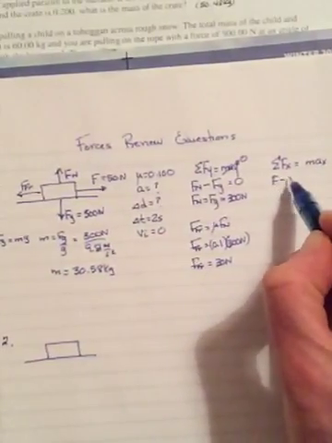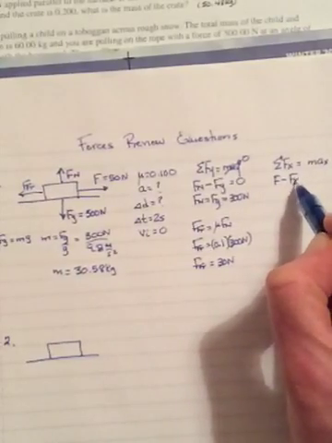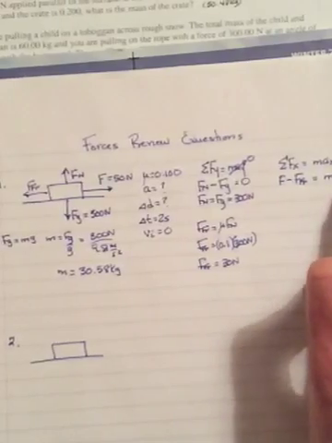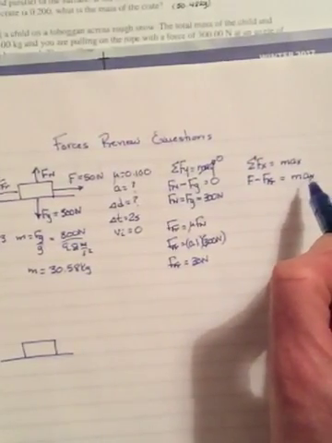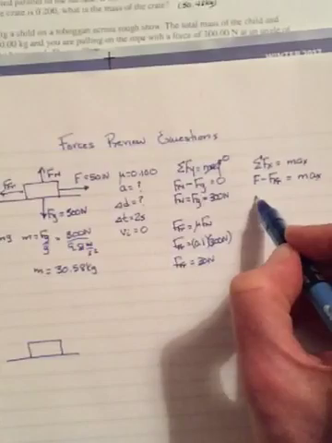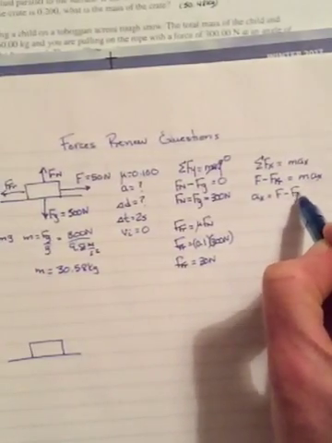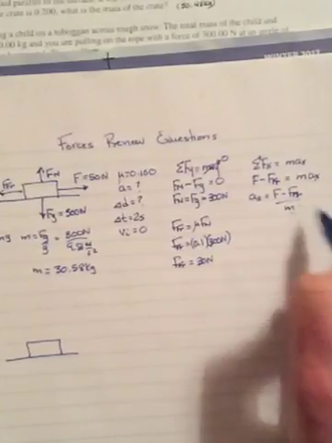Always the direction of motion is positive, so it'll be F minus friction equals max. And you're trying to solve for A, so you need to divide both sides by m. So ax is equal to F minus friction over m.